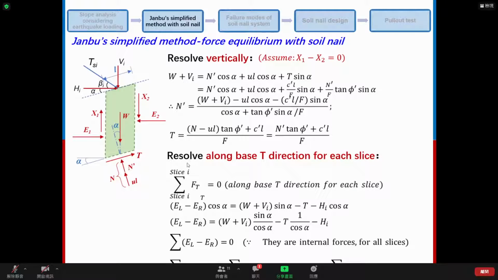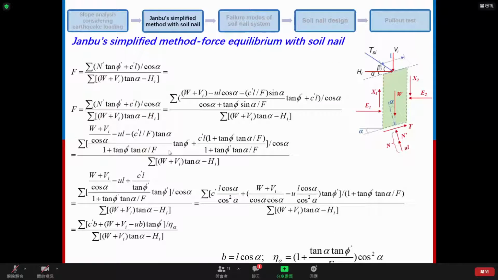And the second part is resolved along the base, the tau or friction direction, this one. So along this direction and along the vertical direction, both of them we should consider the contribution of the soil nail.